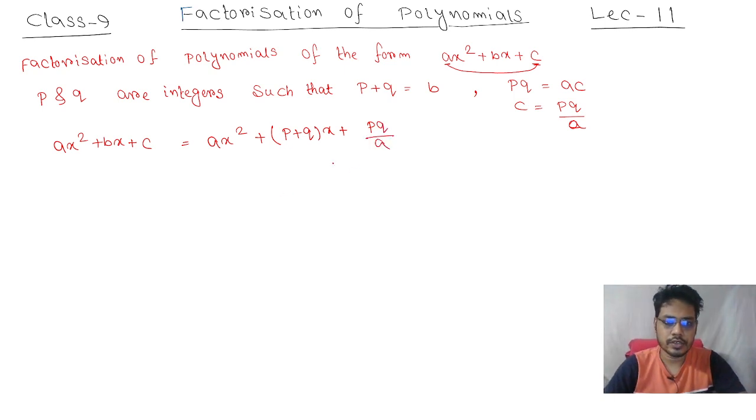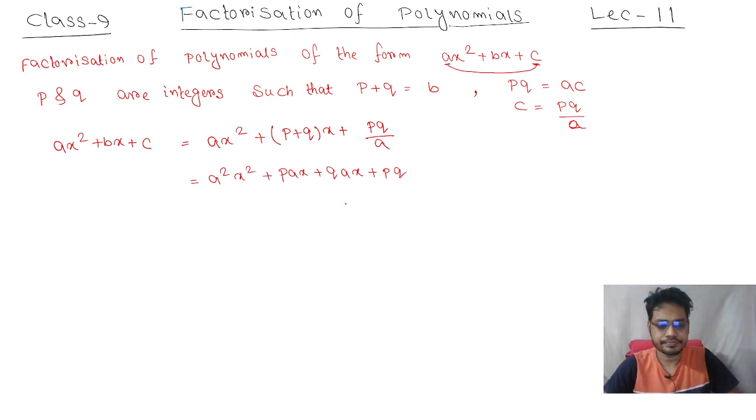Now if we multiply every term by a, you will get a square x square plus pax plus qax plus pq. Now from the first two parts take ax common, so it will be ax plus p. Now here you can take q common, so it will be ax plus p.